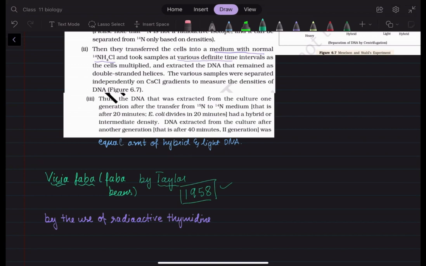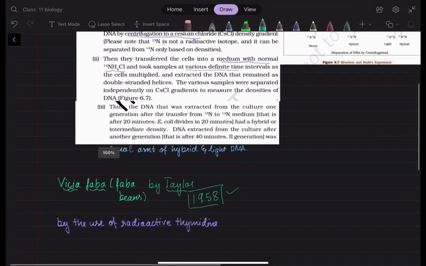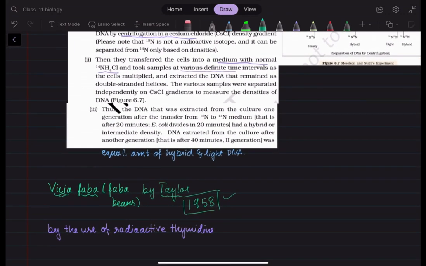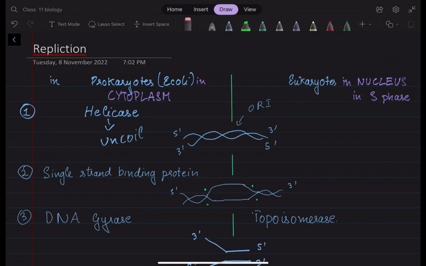They performed an experiment using radioactive thymidine to prove the same nature of DNA, that it replicates in a semi-conservative manner.